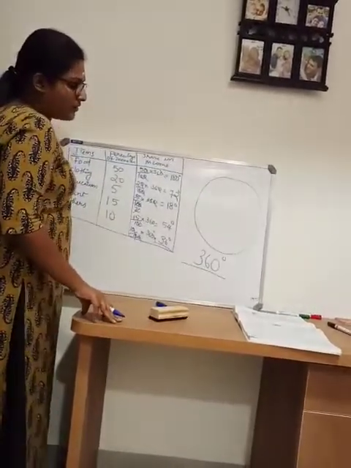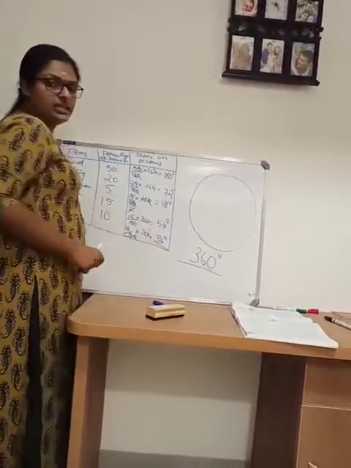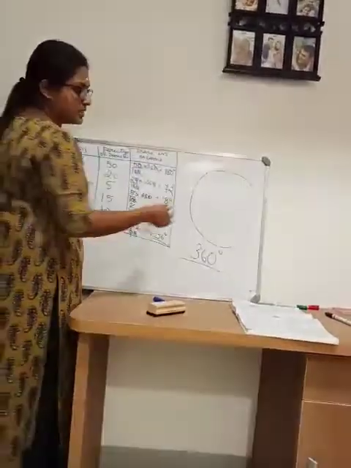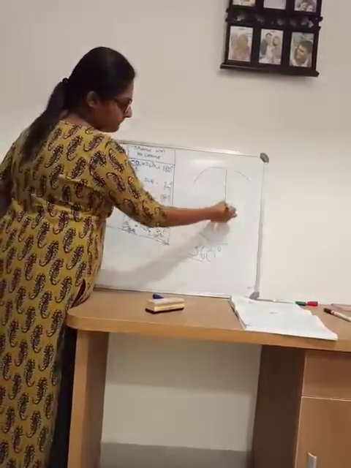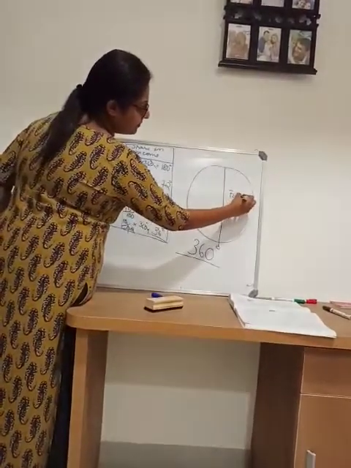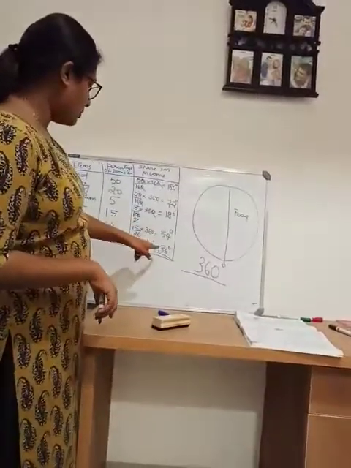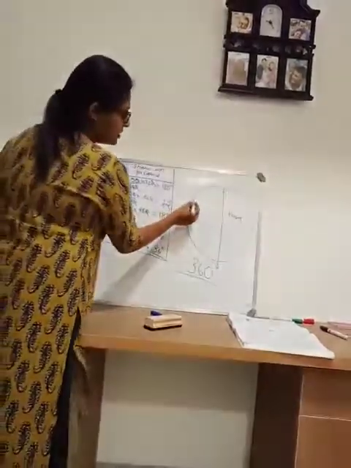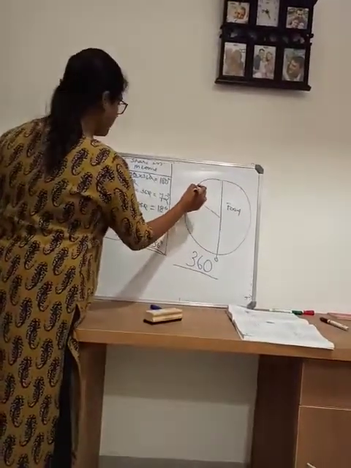Now we have to divide our circle into these degrees. First one is 180. You all know that is half of the circle, 360 divided by 2. So half goes for food. Now next highest is 72. So 72 is for clothing.